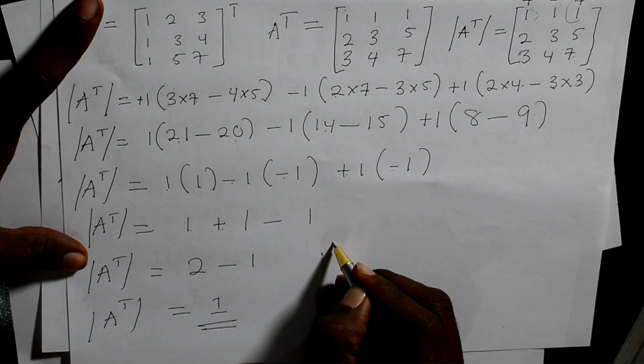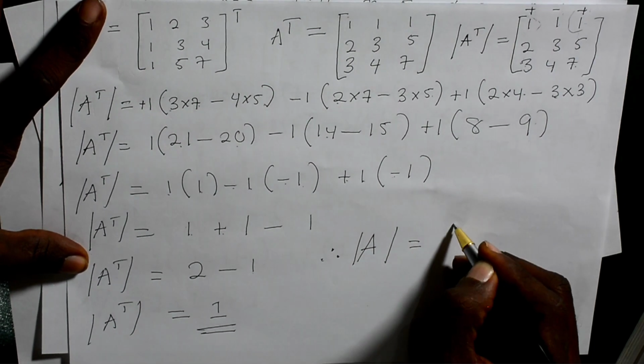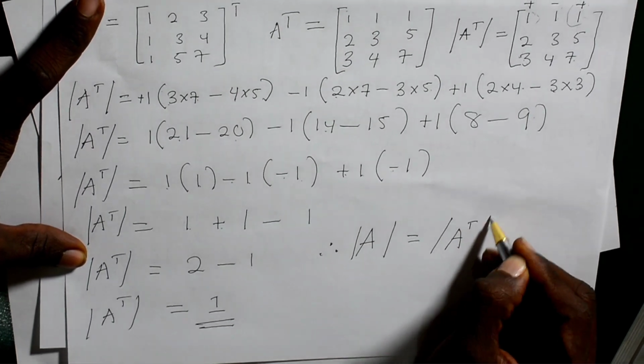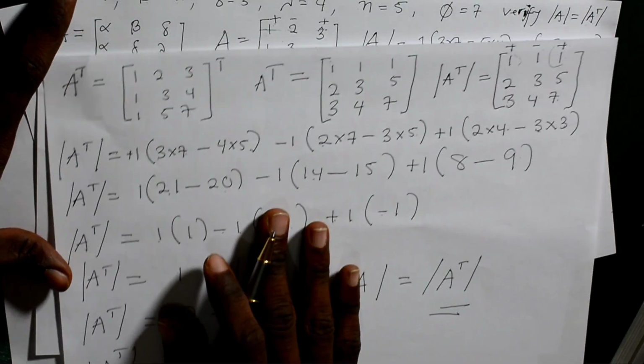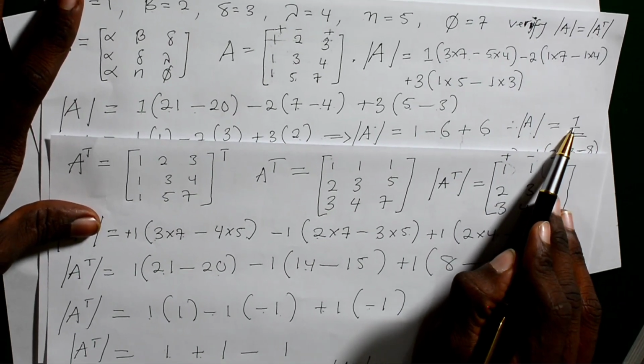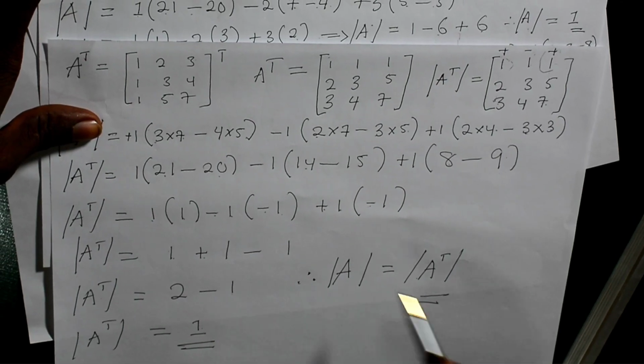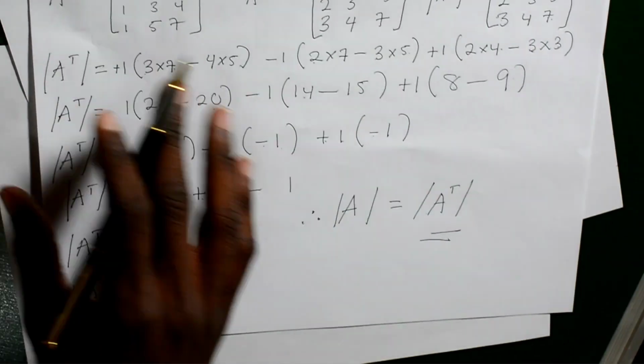Wow. Let's check that A determinant is equal to determinant of A transpose. We find that determinant of A is 1 and A transpose determinant is also 1. Wow, that's correct. So now let's move to the next question.